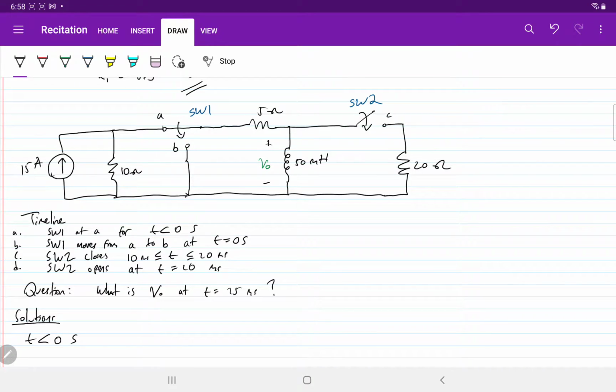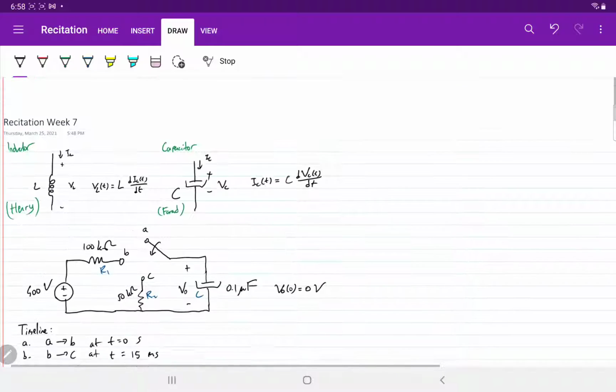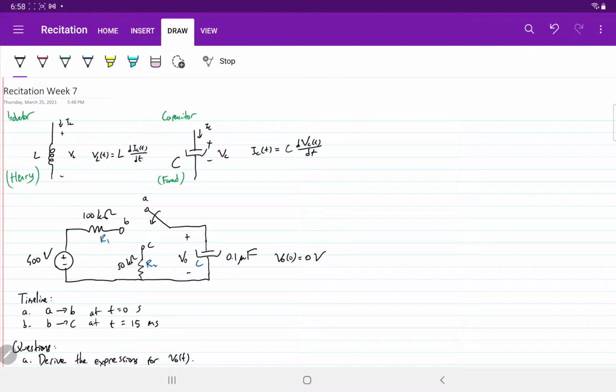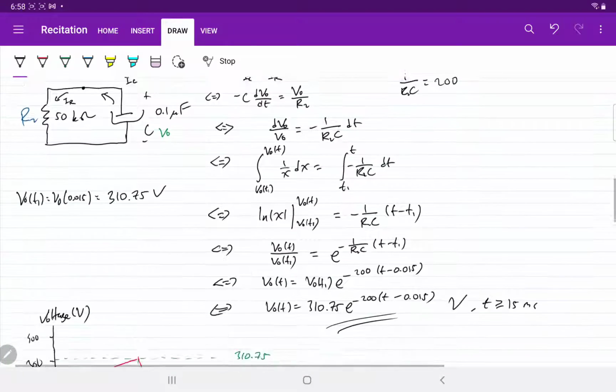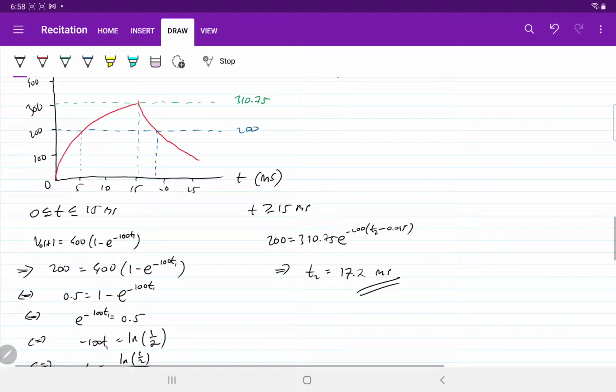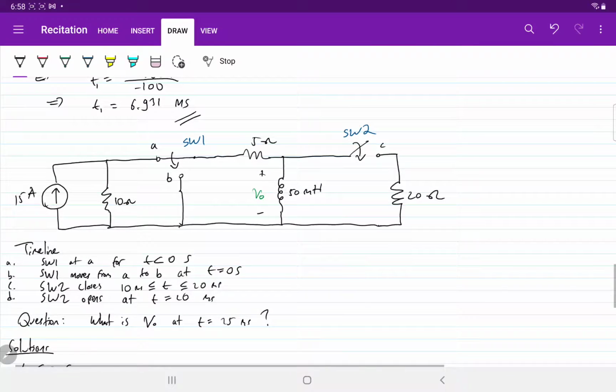When this inductor is charged, there's no change in the current because the current is already at steady state. So di_L over dt is 0. It means that the voltage across the inductor is 0. So what happens when you have an inductor and the voltage is 0? It means that this inductor is just a short circuit, right?